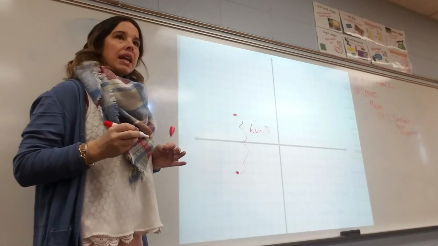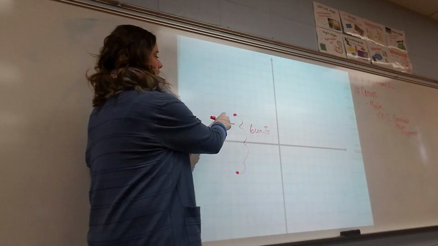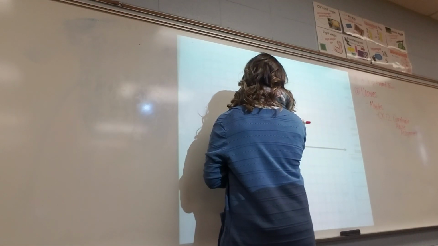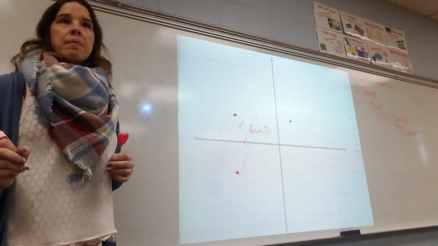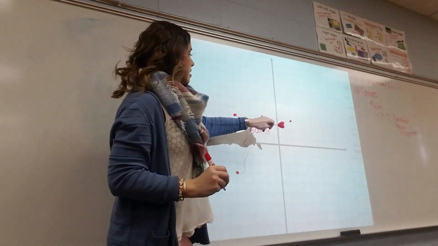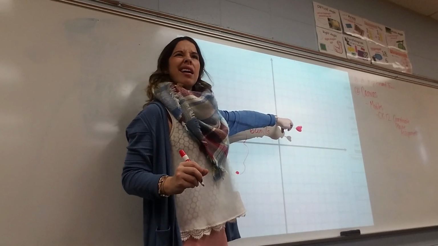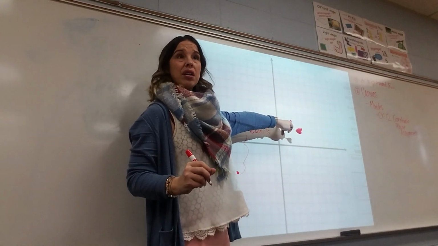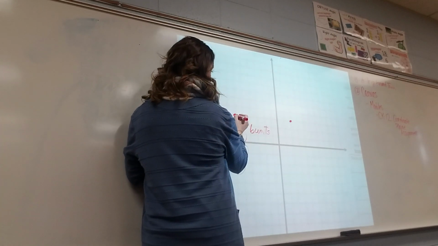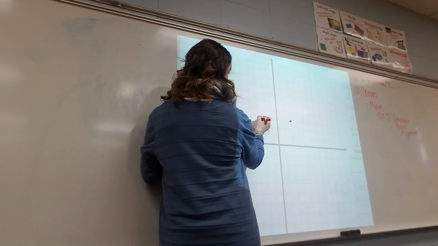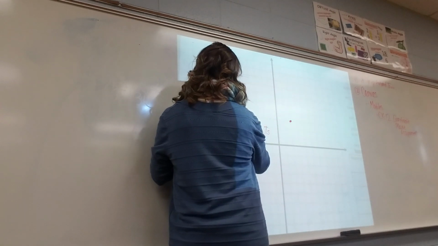Now, if I'm going to go from this point to this point, this line right here represents 0, right? So from this point to 0, I again would just count: 1, 2, 3, 4, 5, 6.